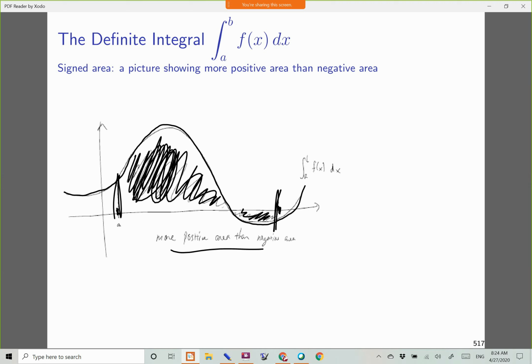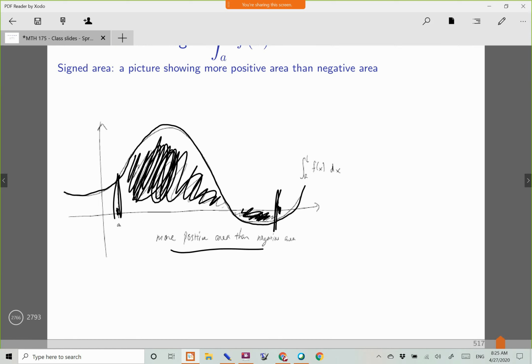In this example, there's positive area, there's negative area, but the positive area is way bigger. So you've got this huge positive area, this tiny little scrap over there of negative area, and when you add these two together, your final answer is going to end up being a positive number. Because, yeah, you add a positive to a negative, but the positive is bigger here.